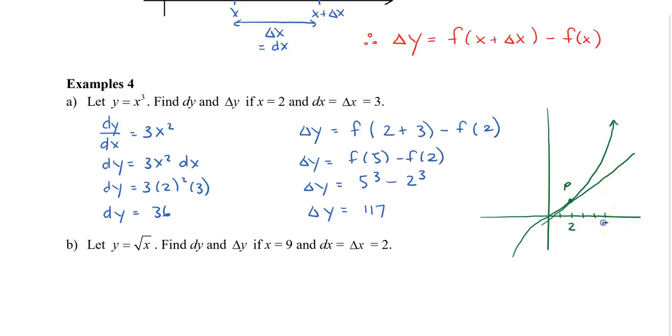Here is the number 5. Because x is 2, we're going to move over a distance of 3. So this is my delta x, which is equal to 3. So that's going to be 5. And when I move up the graph, then my dy is this part here, which makes sense, it's only 36.